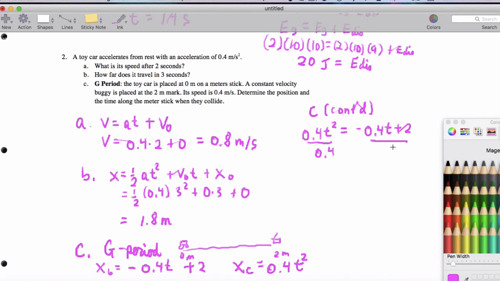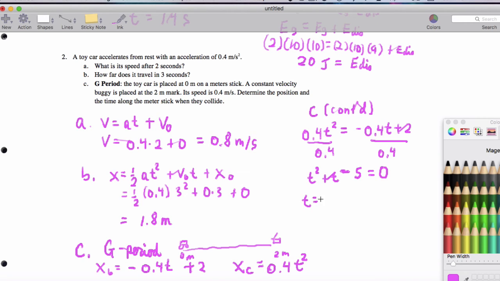This is not required. So t squared plus t minus 5 equals 0. This is not something we can easily factor, so we'll need to use the quadratic formula.